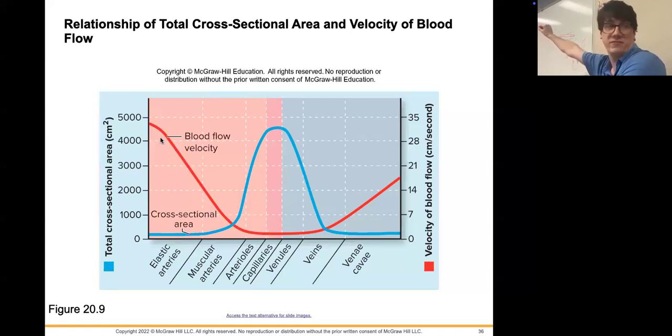Don't believe me? Ask someone that's ever been in a surgery if they've ever had blood get on their shoes. Someone nicks one of these things, or they're going in to repair someplace and they cut one of these before the hemostat's on, and blood just goes. It's like a horror film. That's not a joke. It's bad. Especially in war zones, when people get shot in some of these vessels.